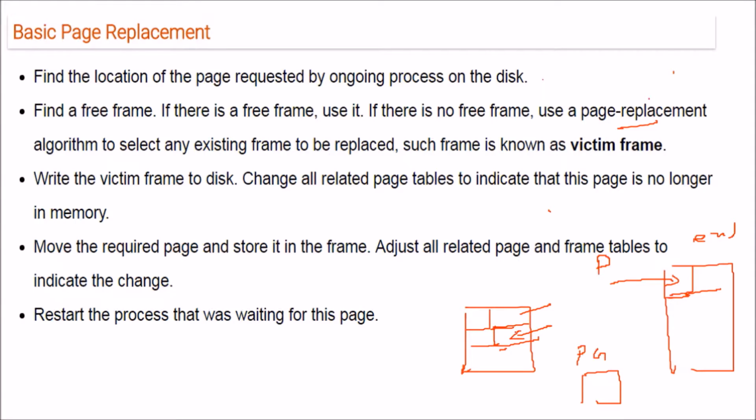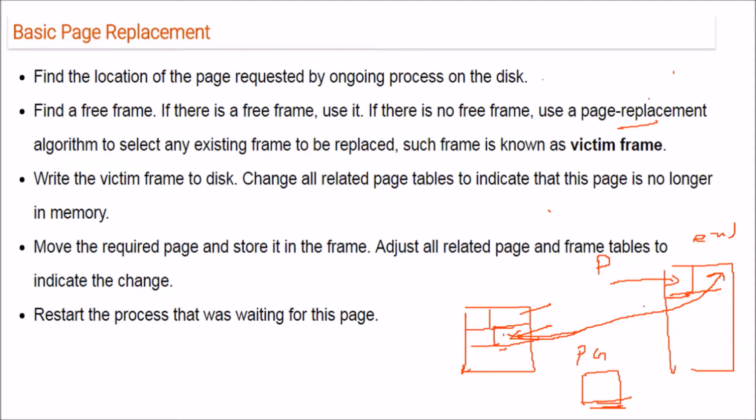So we have to write this victim frame back to the disk, and the page table has to be changed, because the page in this frame has to be swapped out of the main memory and another brought in. All these changes have to be written in the page table.